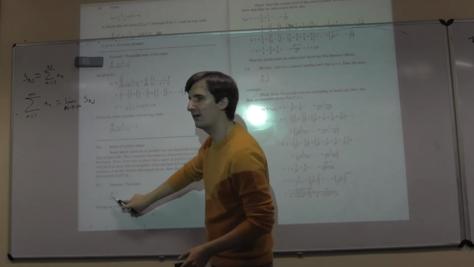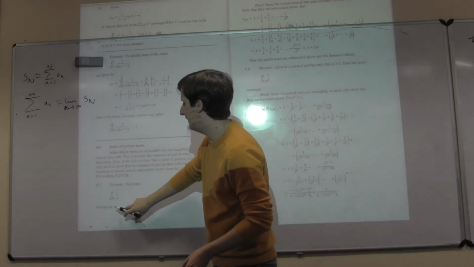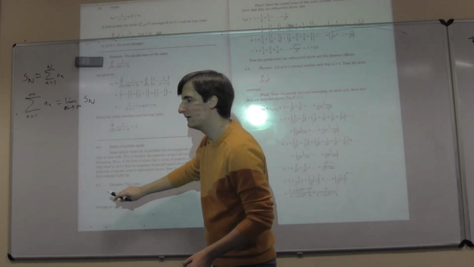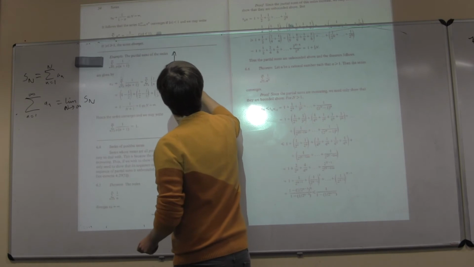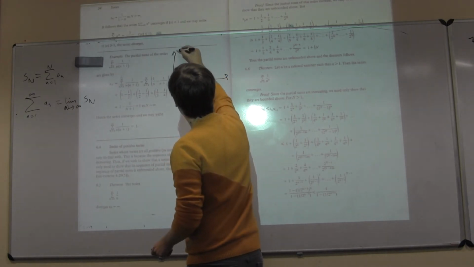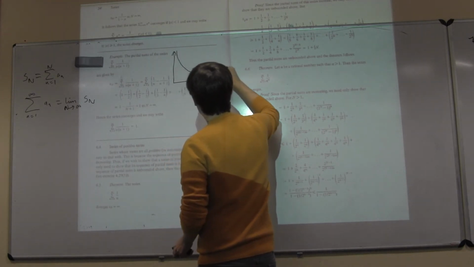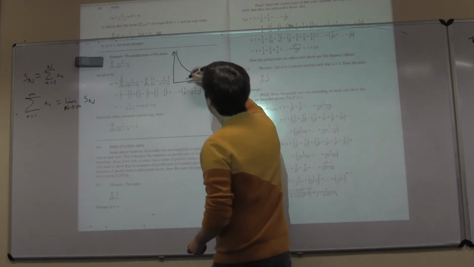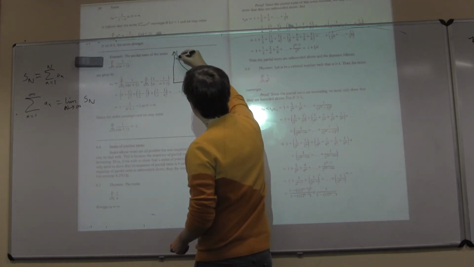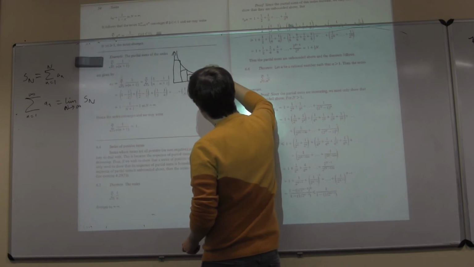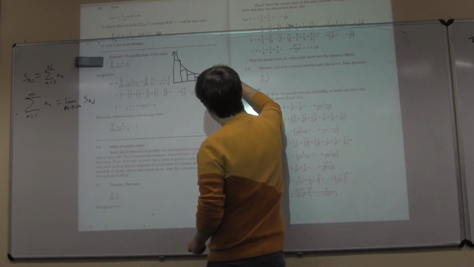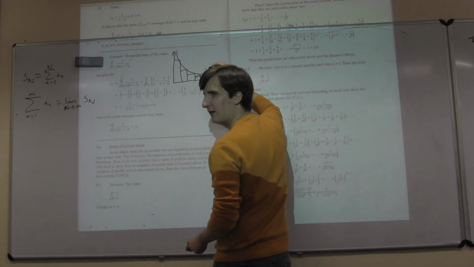So one way to see it intuitively is to think about the graph of 1 over n, it looks like that, okay? And a sum is a bit like an approximation to the integral, okay?